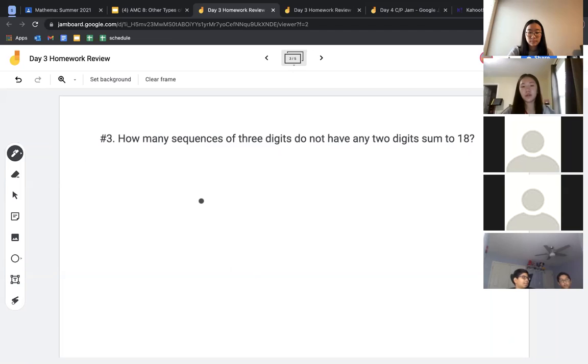Okay, so the third one is, how many sequences of 3 digits do not have any 2 digits summed to 18? And you can just put your answer in the chat.